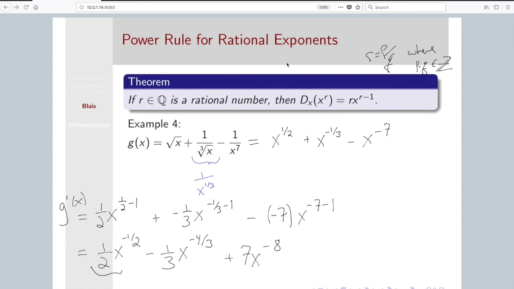If you want, you could write this first term as 1 over 2 root x, but of course, either way is fine. But the point is, you're using the same power rule for any exponent. We didn't say it for real exponents, but it actually holds in that case too. Just be careful with your calculations. It can be really easy to make mistakes when you do these derivatives of terms with rational exponents. Mistakes are very common.